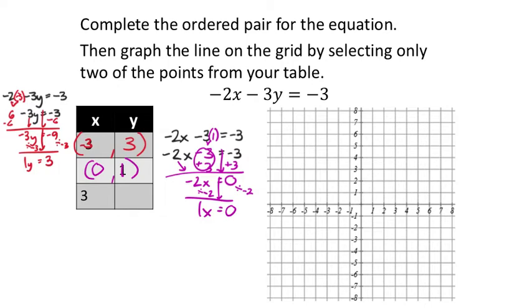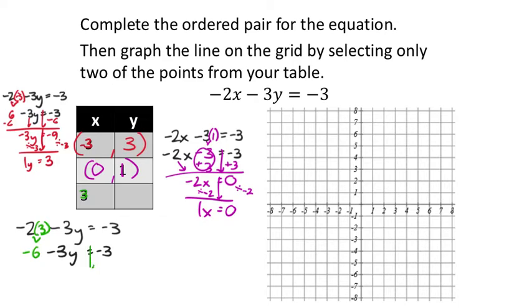Now, just so we understand, if this is a straight line, that's all you would need to graph it, but on the assignment, they're going to give us more than 2 points to find. So we have to find this third point where the x value is 3. Going back to the original, negative 2x minus 3y equals negative 3, but now the x is 3. So replace it with 3, multiply: negative 6 minus 3y equals negative 3.